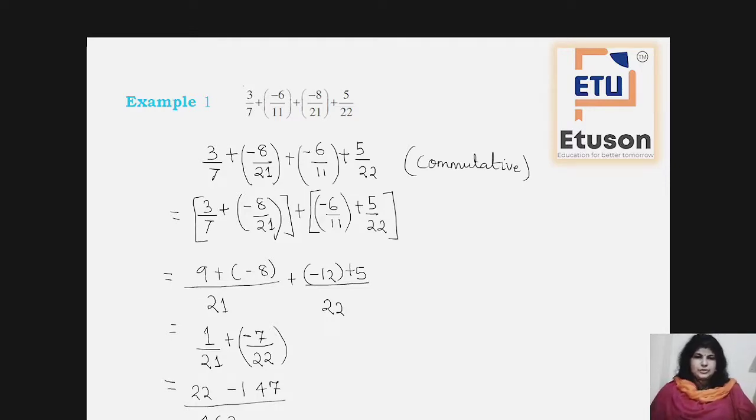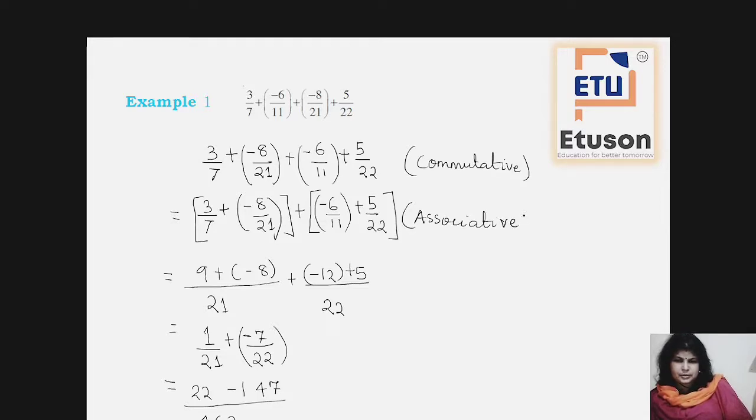So here you have used your commutative property, and here you have used your associative property. This is how, by using the properties of rational numbers, you can solve this problem.